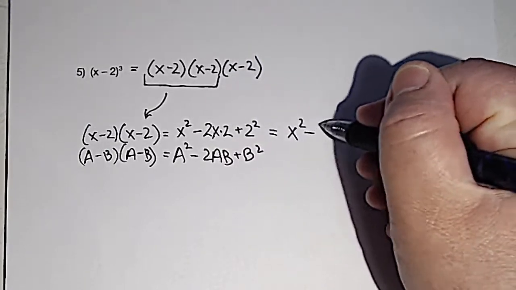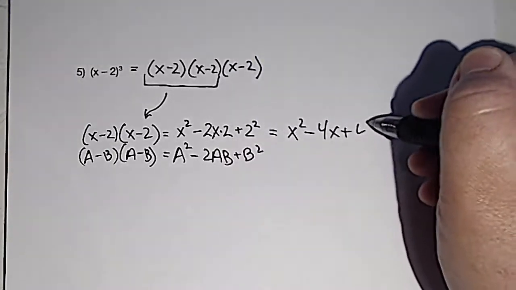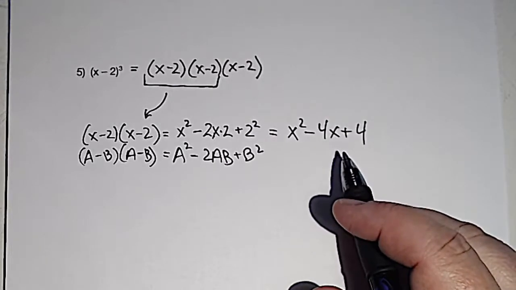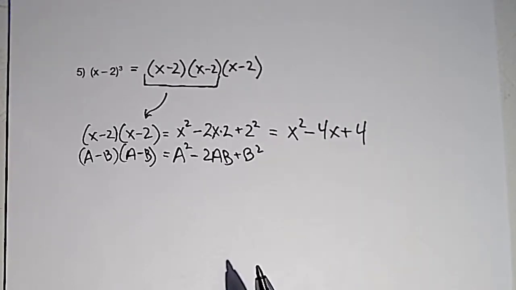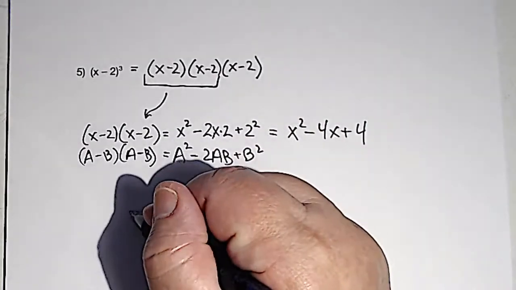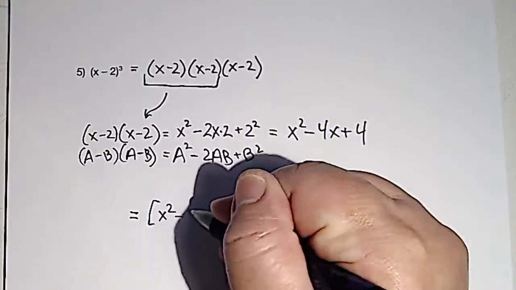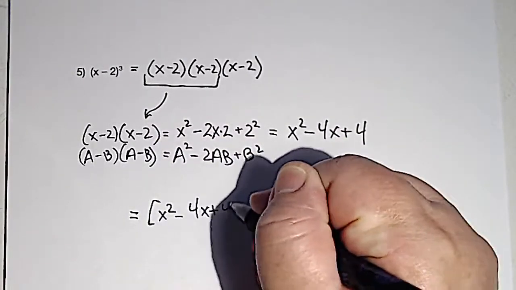So I've got x squared minus 4x plus 4. Now, the goal would be that once you get good at this, you could do this in your head. You wouldn't have to go through all the in-between steps. So right now, everything seems like it's taking a long time because, let's be honest, it's taking a long time.